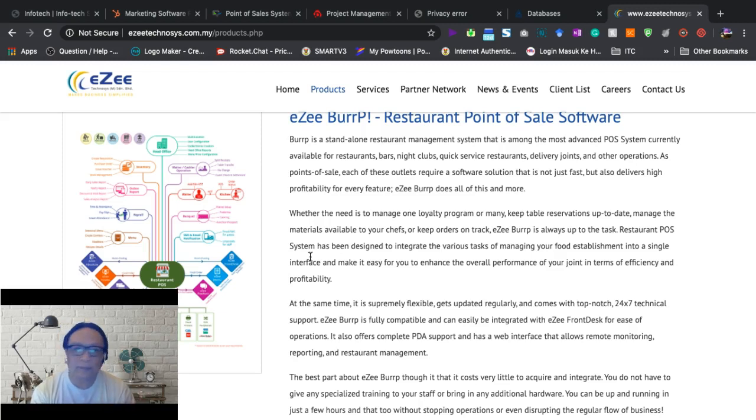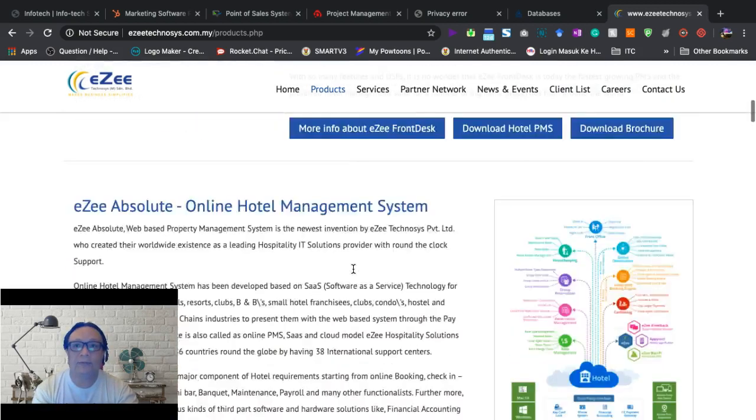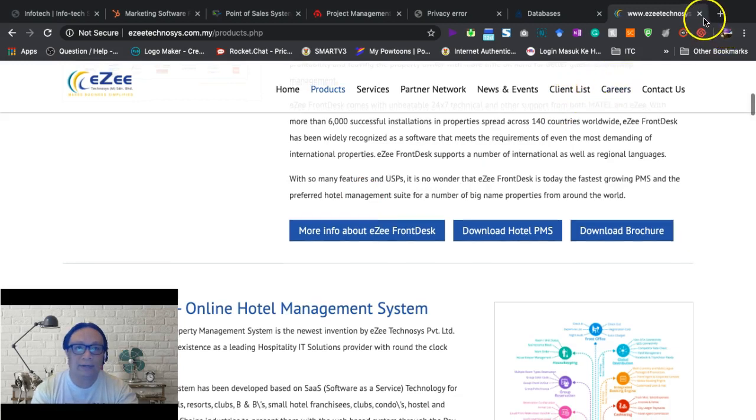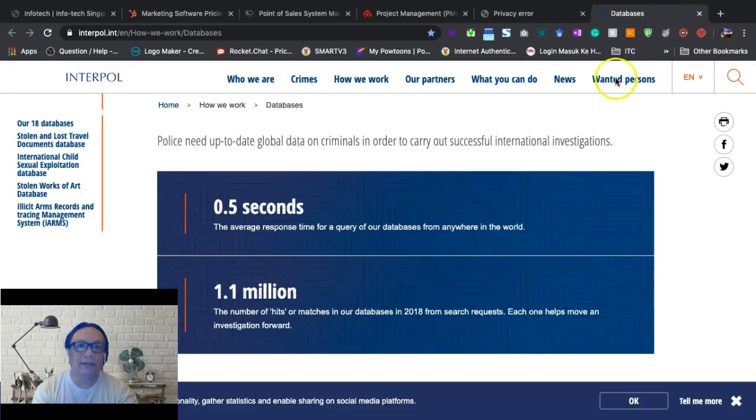If your hotel or business catches on fire, or a tsunami happens and washes away all your resort facilities, including the system, then if you have a cloud backup, it's easy for you to recover all the data. So normally when you look at these systems, they will offer a package together with cloud computing, cloud storage. So that is an example.